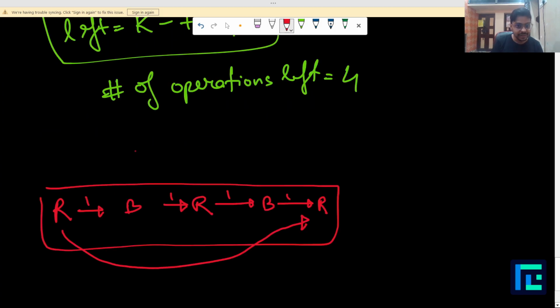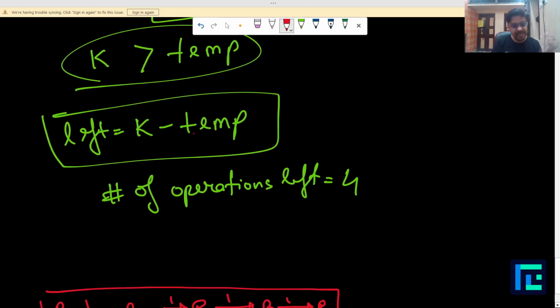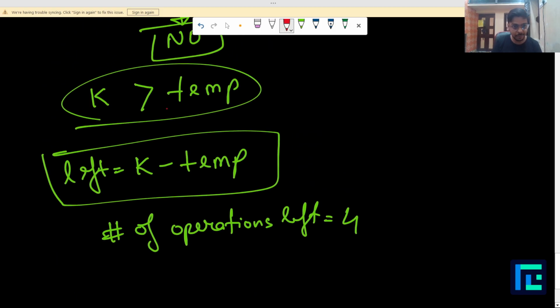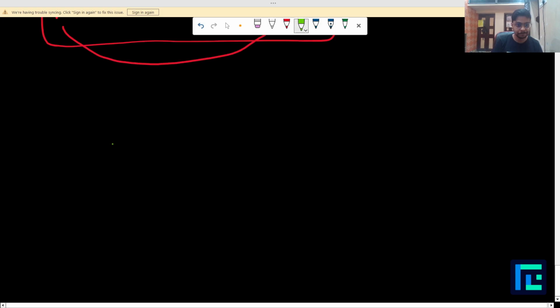So this tells us that if we are left out with an even number of operations after performing the minimum number of operations, the answer will always be yes. But what if we are left out with an odd number of operations? Just see.